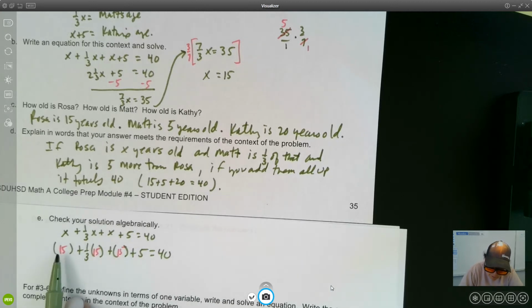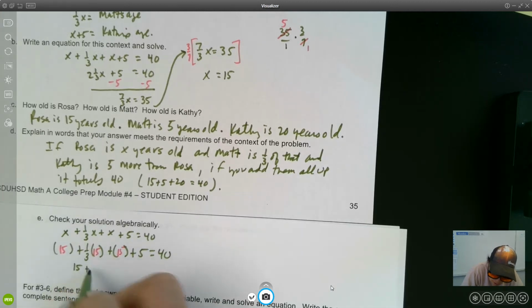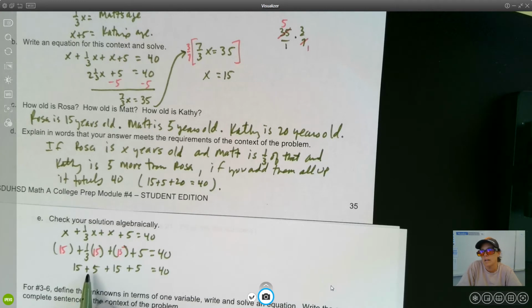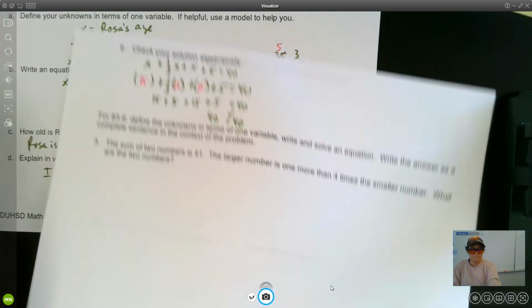So I've got 15 plus 5, 1/3 of 15 is 5, plus 15 plus 5 equal 40. 15 plus 5 is 20, 35, 40. This all adds up to 40. It does equal 40.